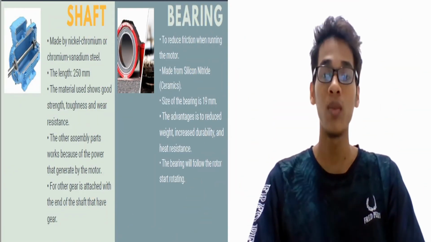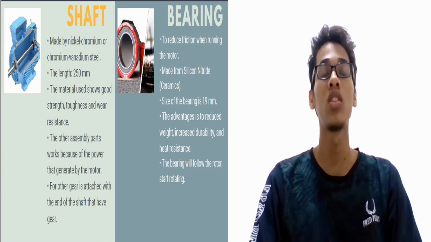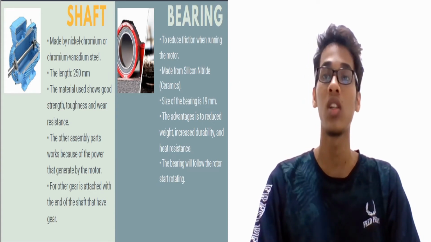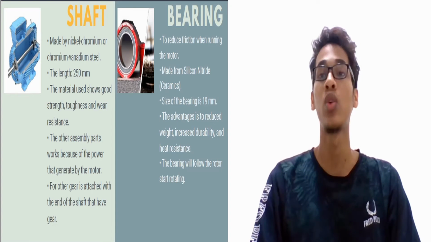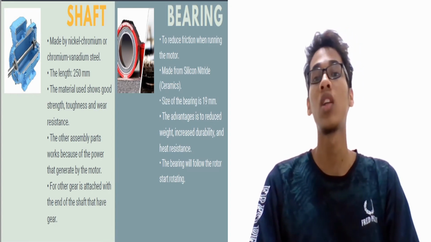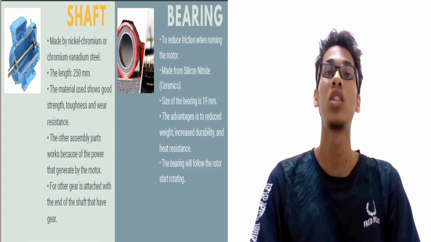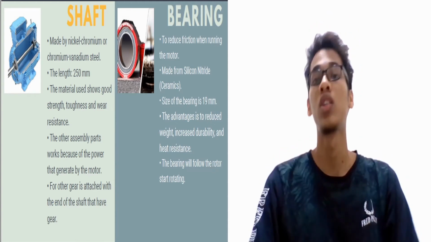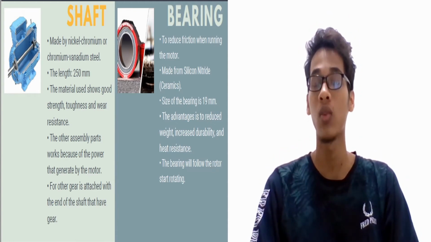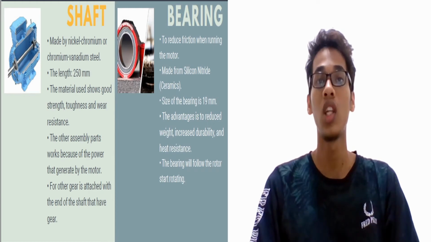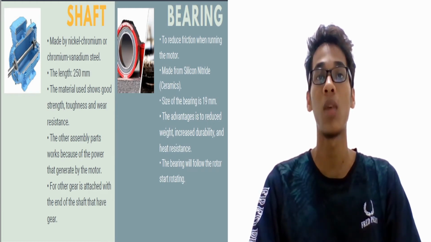Assalamualaikum, my name is Zulhairi bin Zulkifli, TH18027. I will explain the second component of the unit part, which is the bearing. The bearing functions to reduce friction when running the motor. Usually, the bearing is made of silicon nitride, which is ceramic.